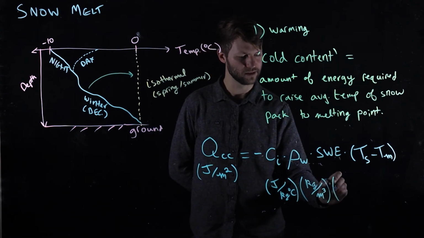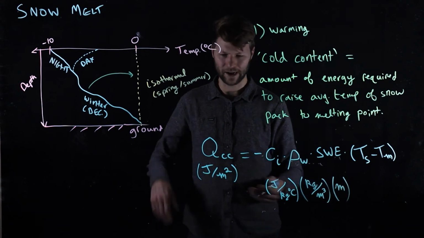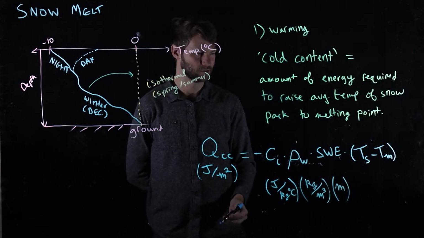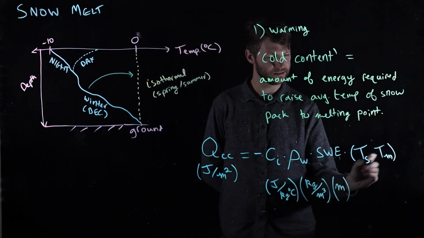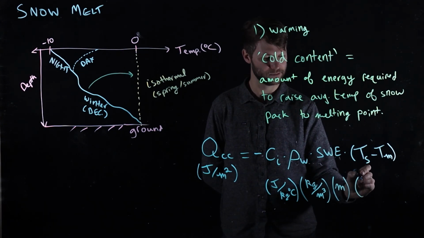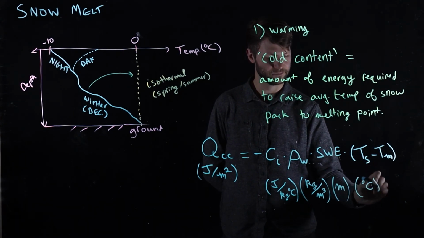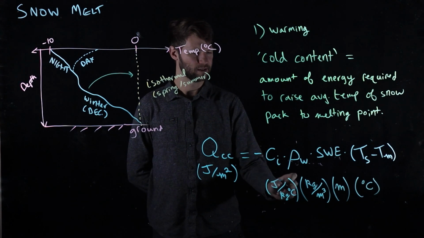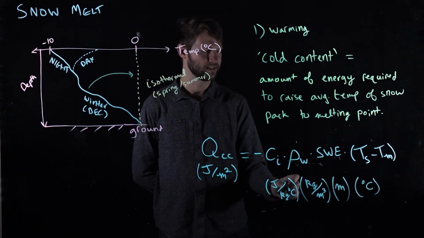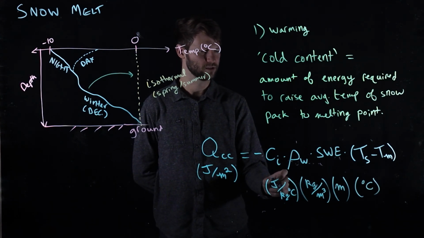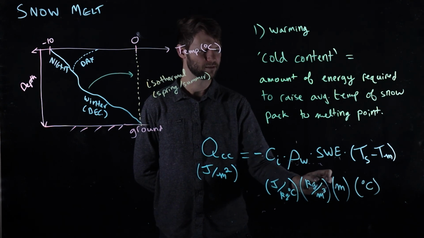Snow water equivalent is, remember, the height of the liquid water column if all the snow were to melt. And then this term here is going to be in degrees C. And so the kilograms cancel out, the degrees C cancel out, and we're left with joules per square meter.